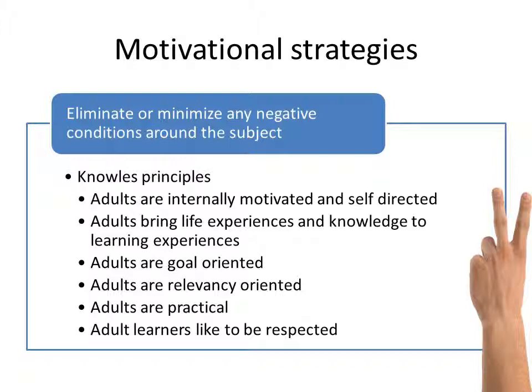Adults are also relevancy-oriented. Adults are practical, and most importantly, and very linked to this motivational strategy, is the last item, that adult learners like to be respected. The classroom environment has a direct effect on students' learning. A relaxed, non-threatening environment will allow learners to share their thoughts and expose areas of strength and weaknesses.